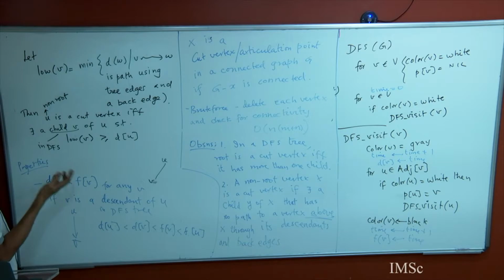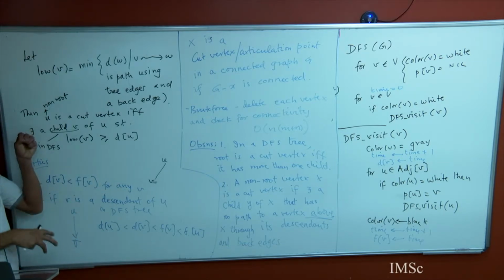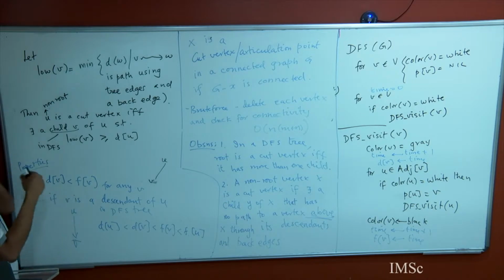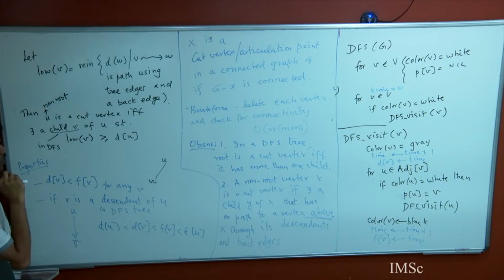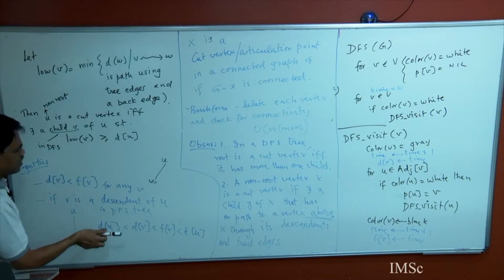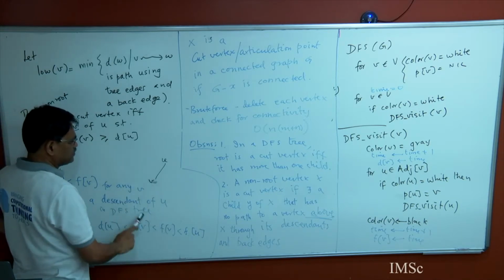And conversely, if U is a cut vertex, if you delete U, it breaks into multiple components, and since G is a connected graph, you look at a vertex reachable from U in one of the components, and you can argue that it will be looking like this.